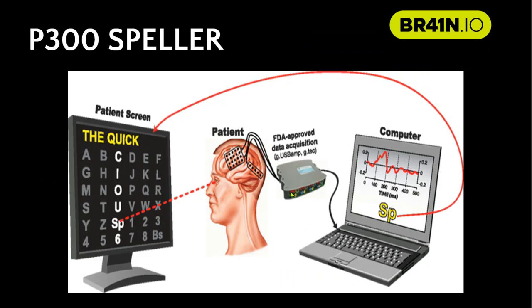The patient is given multiple characters, and through the BCI device, we can clearly recognize which is the character that the patient is thinking of in that moment, and at the end, he can present a clear message.